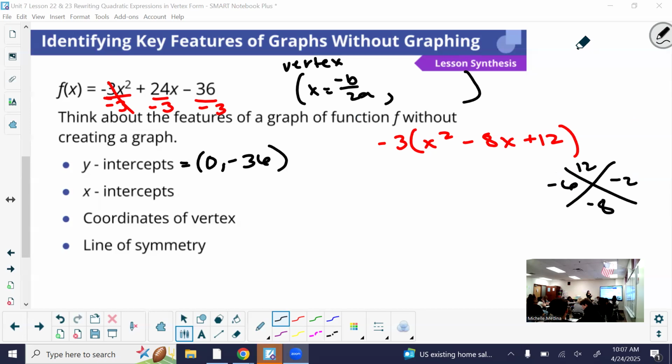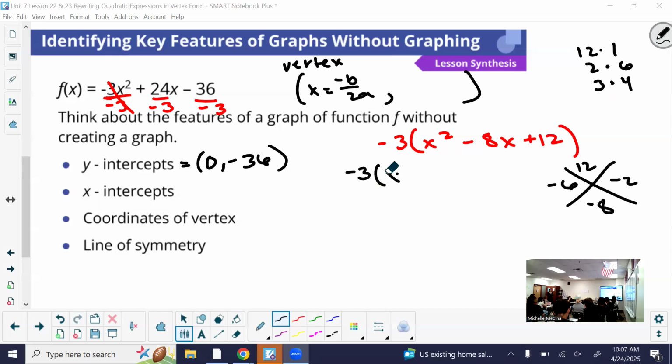Right? Here's all the factors of 12, by the way, so if you for some reason got stuck, here's all of them. And you have to think of any possible combination that when I add or subtract them, I get a negative 8. Now, if it multiplies to a positive and adds to a negative, then they must be both negatives. So that's how you kind of problem solve that.